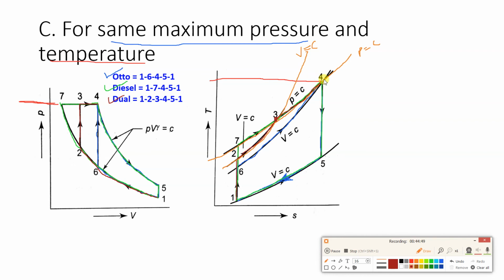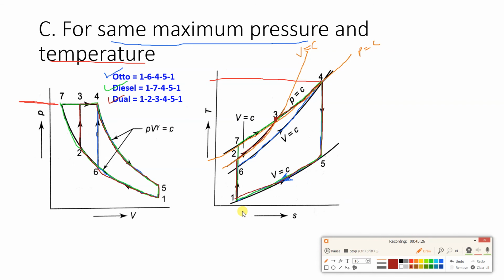And here you can see the highest temperature in the dual cycle, after the constant pressure heat addition, is the same as in the diesel cycle and Otto cycle. Then 4 to 5 is isentropic expansion, and 5 to 1 is constant volume heat rejection in the dual cycle.